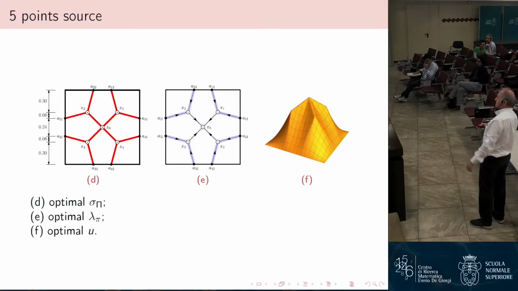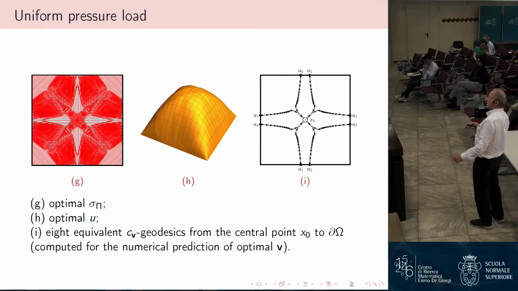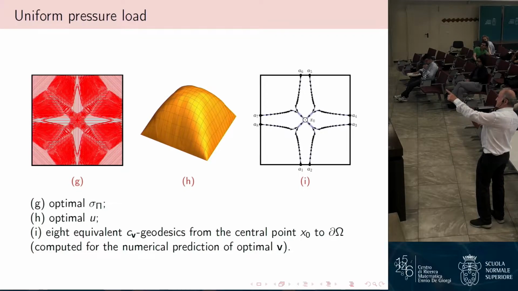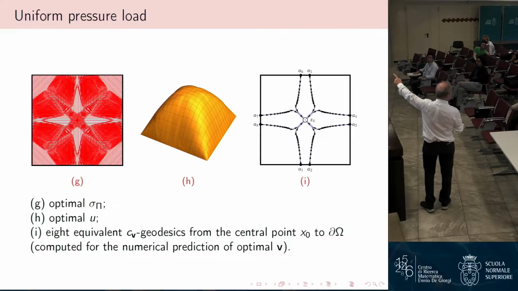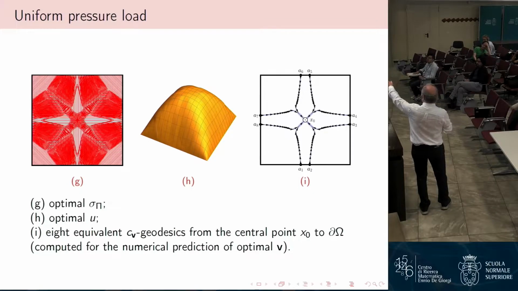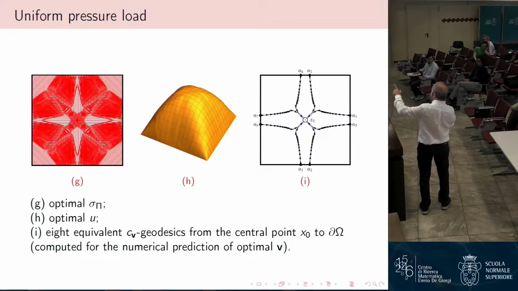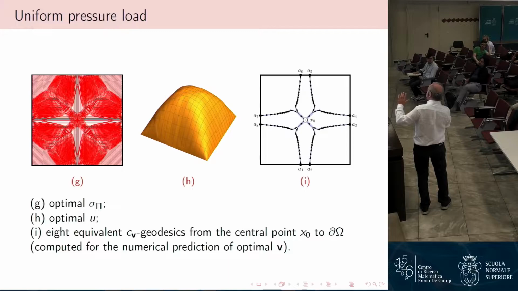Here the solution seems to be unique. Here you have uniform pressure, which is a very nice picture. And here we play this game using the solution of this. You have the good metric V, and you compute the geodesic from x0 to the boundary with respect to the optimal metric, and you obtain 8 geodesics with curves here.